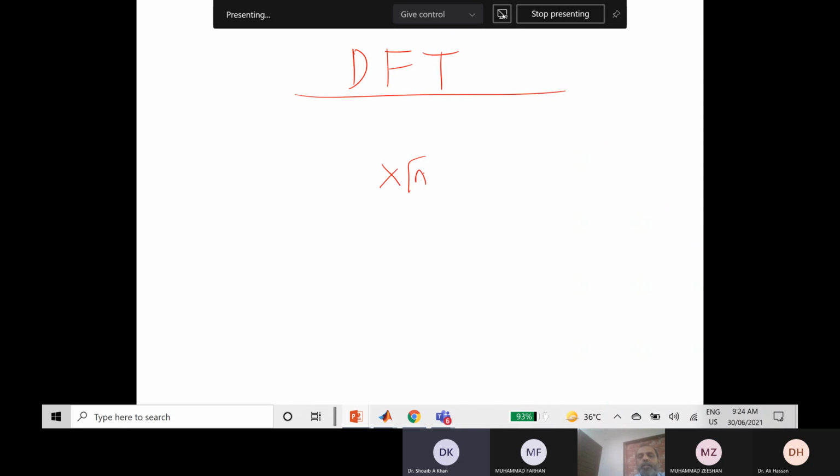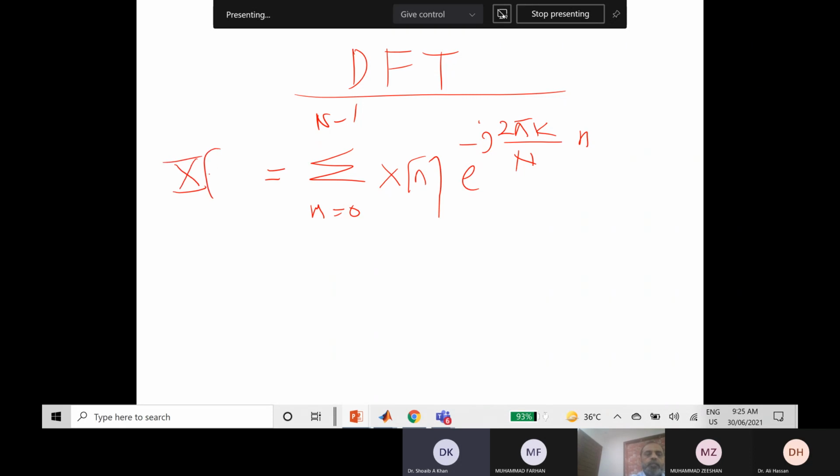X of k equals the summation, n goes from 0 to N minus 1, of x of n exponential minus j 2 pi k n over N. And it goes in both directions.